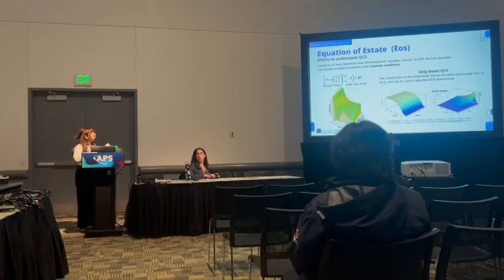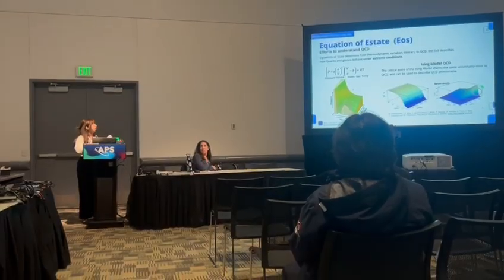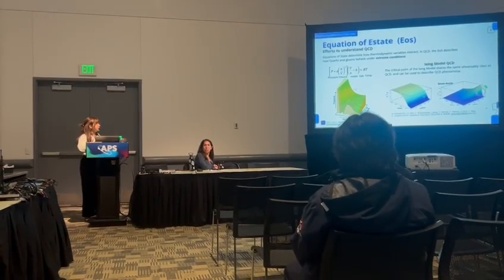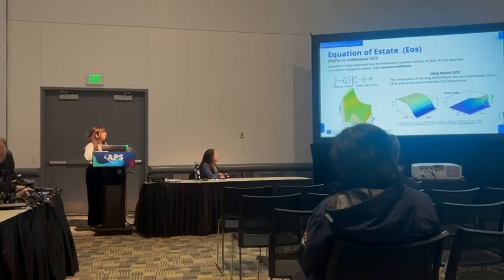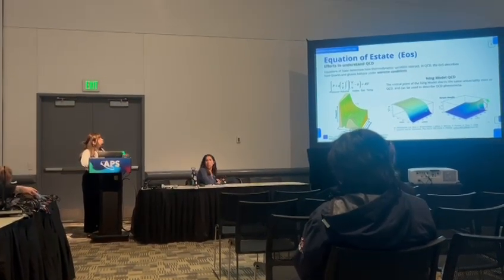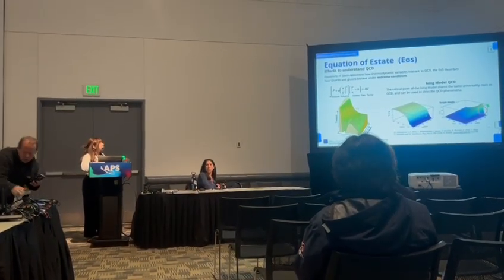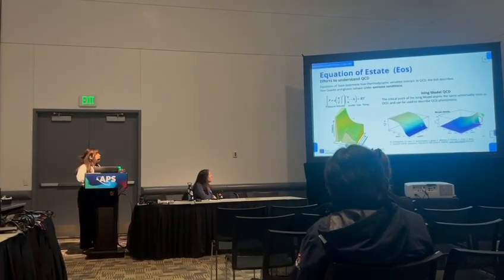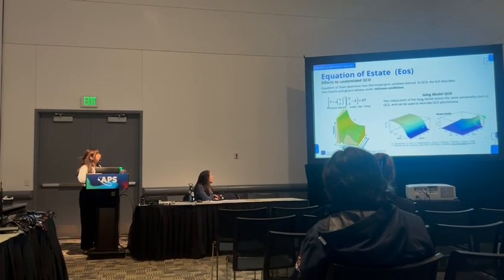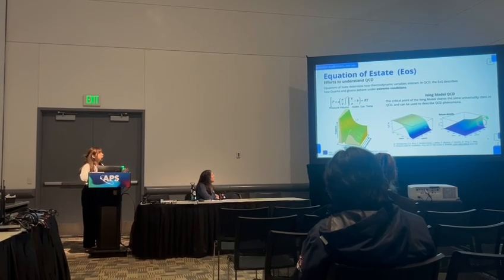Here we can see how it looks in a three-dimensional space: pressure, volume, and temperature. The critical point we can find here, where this is a first order phase transition right here, and this is the critical point. After this, we have a crossover region.